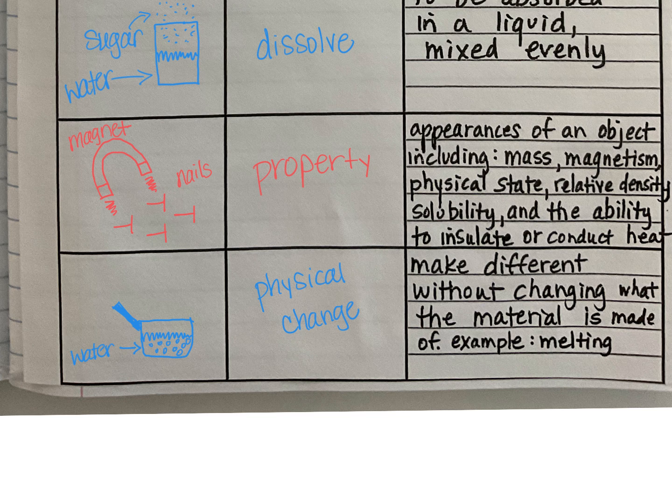What happens to the water? It begins to do what, Paisley? When I heat water up, it does water vapor. It starts to boil, and then it creates what's called water vapor, right? Okay, so this is water vapor.